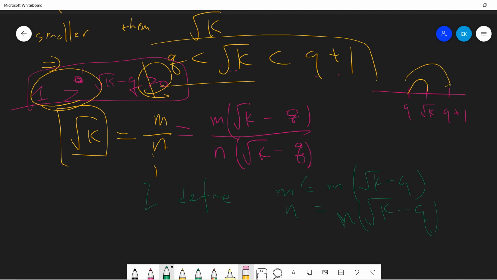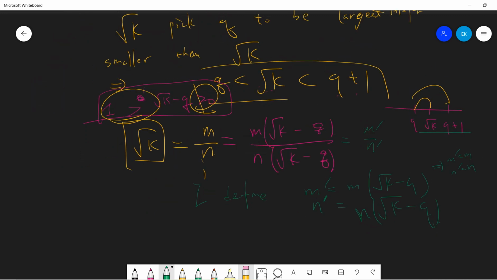Okay, so the missing part is this m prime divided by n prime, and we see that by definition, since they are multiplied by something which is less than 1, that means we already have m prime less than m, n prime less than n.